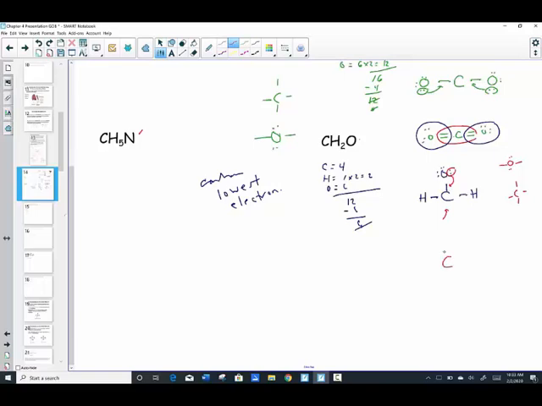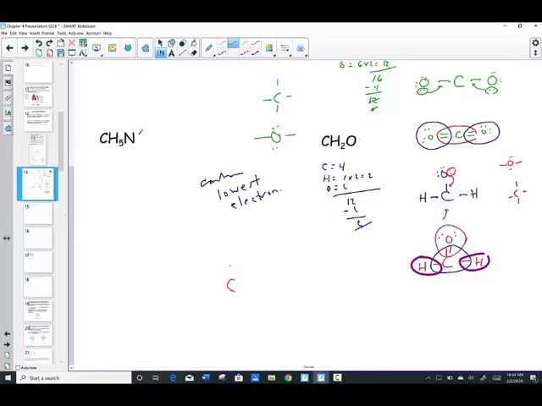We can take the set of electrons from oxygen and give them to carbon in a shared pair. Now we've achieved 4 bonds around the carbon just like it wants to have. We've achieved each hydrogen's 1 bond just like it wants to have. And we've achieved the oxygen 2 dots, 2 bonds.